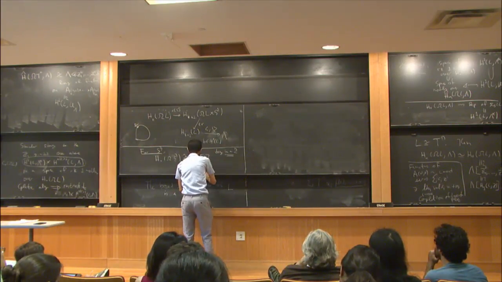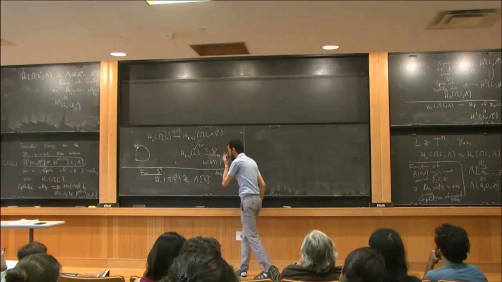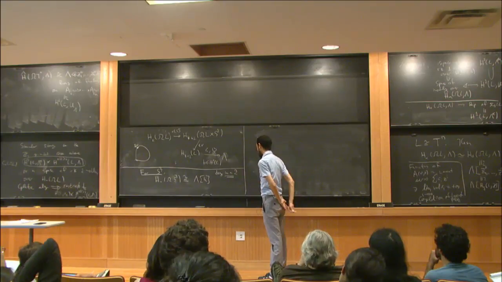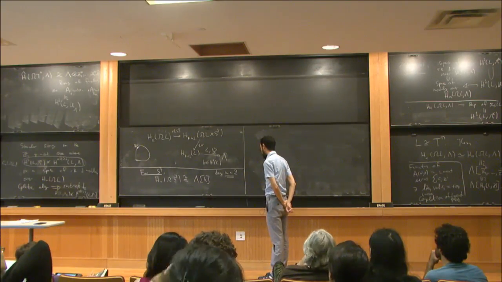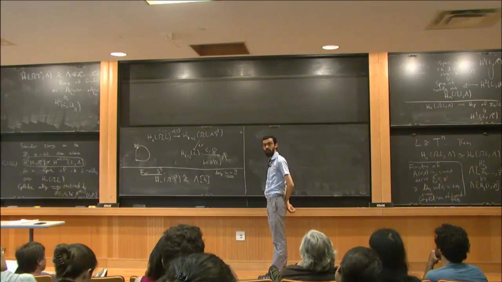So S3. There is this element u in degree 2. As a Z2 graded algebra, this is just a polynomial ring in one variable.